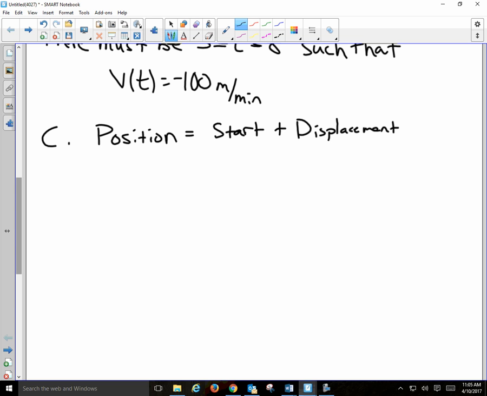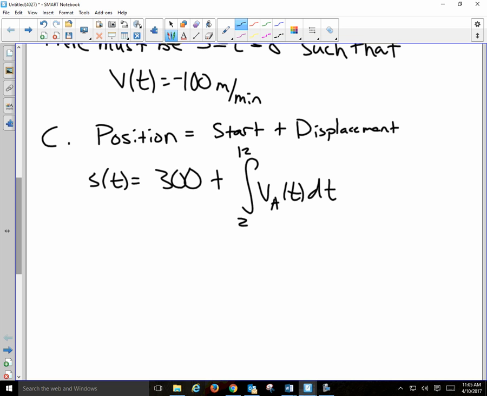Where does it start? 300, plus, how would I write the displacement? Integral from 2 to 12 of v sub A of t dt. So they have train A, so that's where we write v sub A.